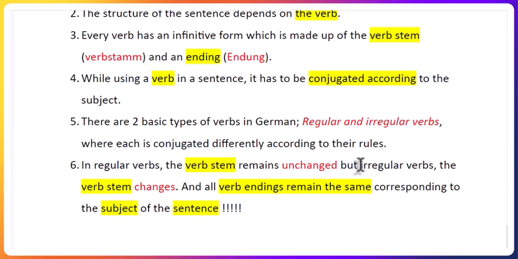Okay, for example here, look at the verb stem and then the ending. In irregular verbs the stem changes but verb endings are the same for both regular and irregular. Same endings.